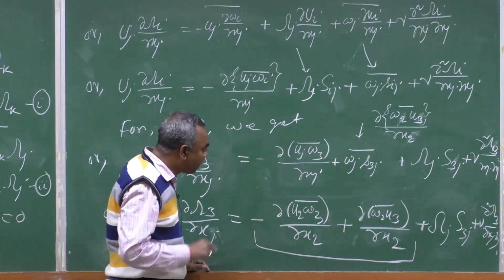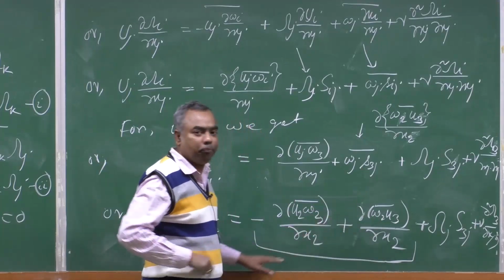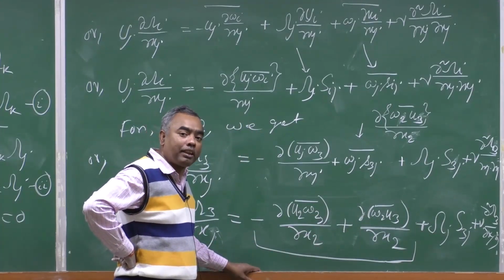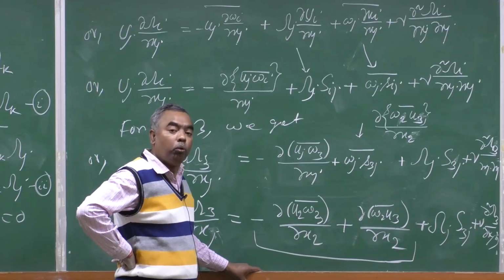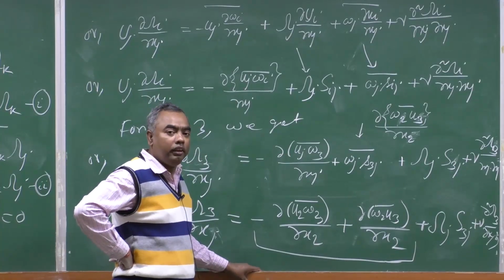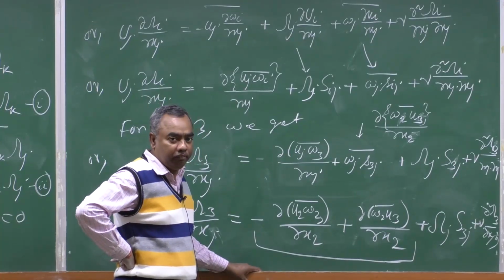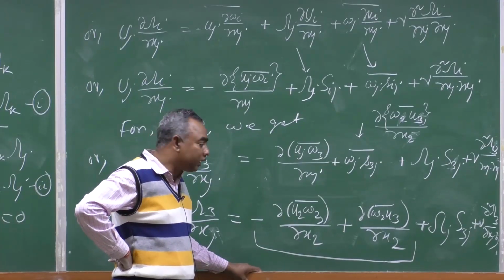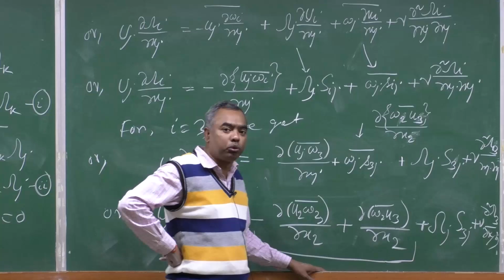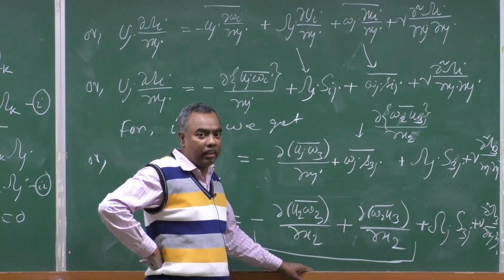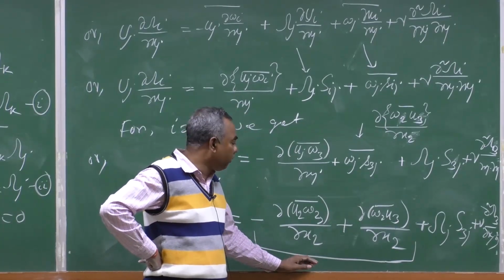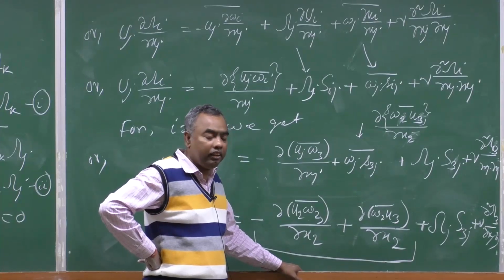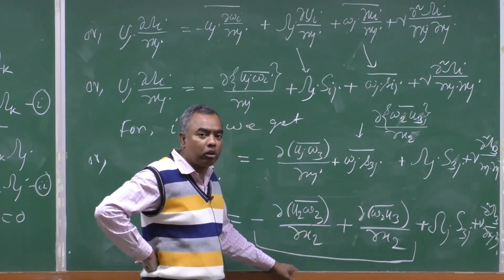So, what I am trying to say, these two terms we saw in the Reynolds averaged Navier-Stokes equation, when we wrote the equation in terms of vorticity. These two terms were also found to be the gradient of Reynolds stress.